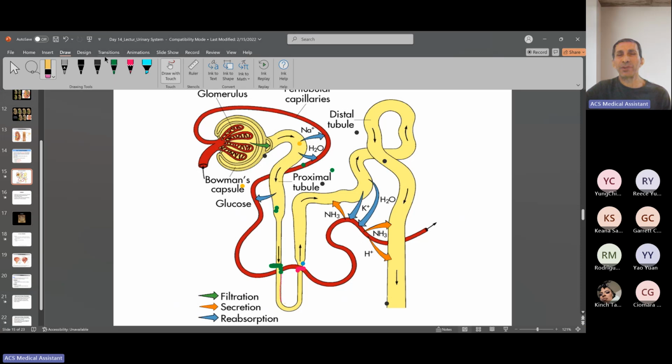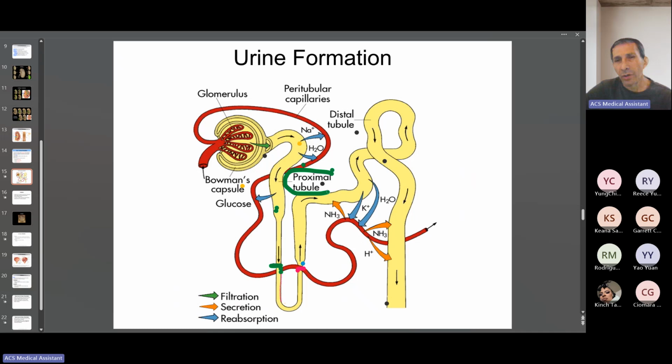So let's talk about reabsorption. Then we recap this again so you can have a clearer understanding. Remember, this is like the digestive system. Things enter this way, something goes this way, through these tracts. Right here within this proximal tubule, remember that goes up to here, and the loop of Henle, but mostly the proximal tubules, the proximal and the distal tubules are the ones in charge of reabsorption.